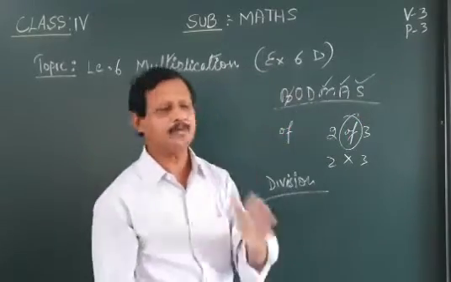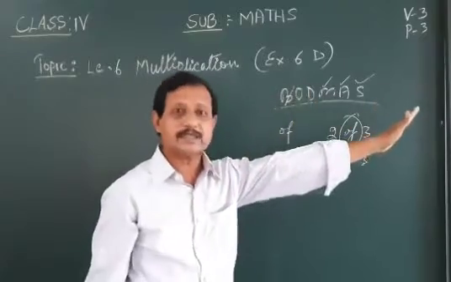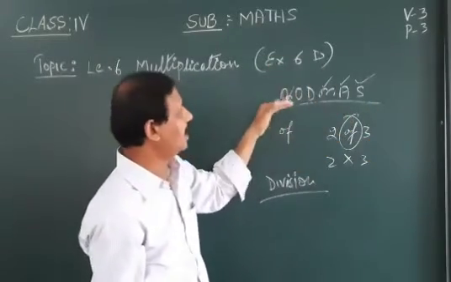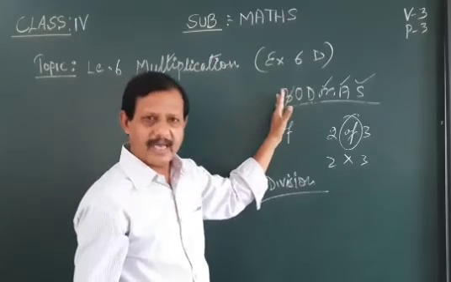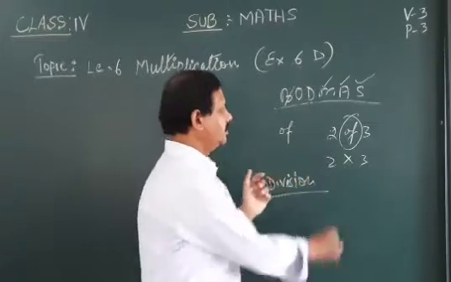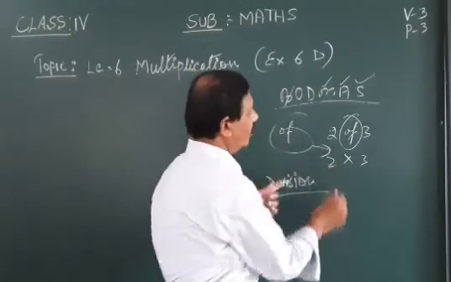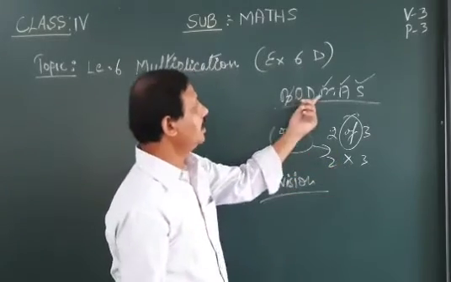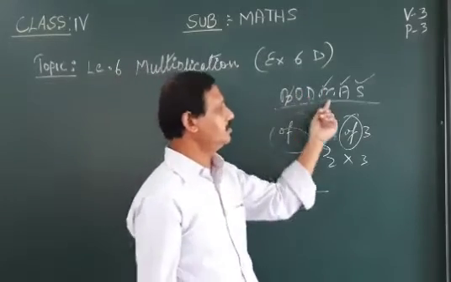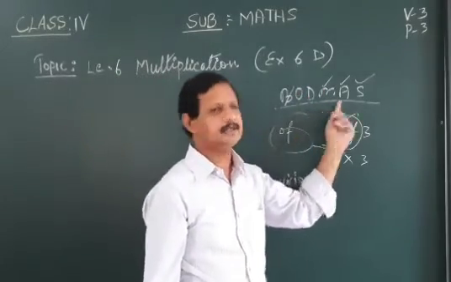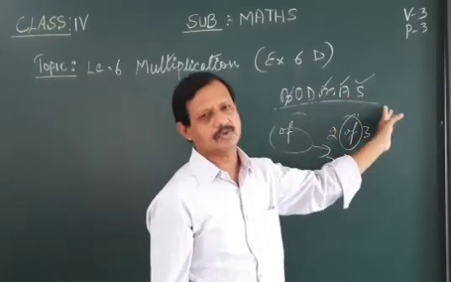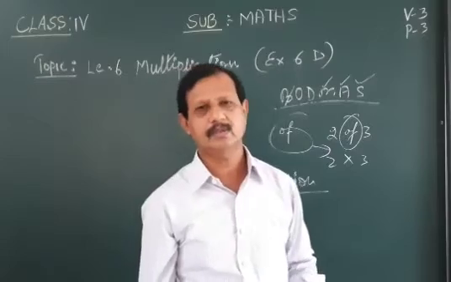That means you have to follow this step by step according to BODMAS. First solve the value given in the bracket, then the of, then the division, then the multiplication, then the addition, and at last the subtraction.